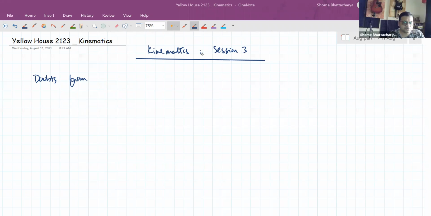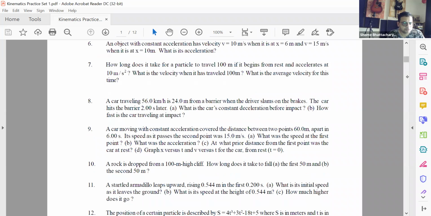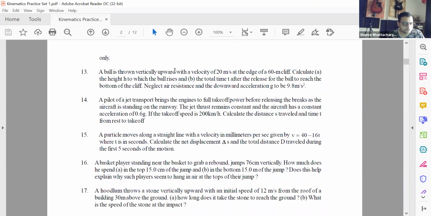We can solve it by normal concept also, without using relative velocity. Okay, I'll explain, just a minute. So let's go through this question.